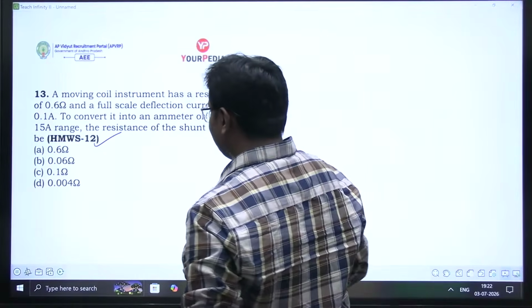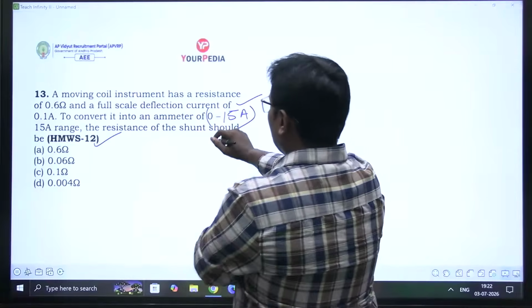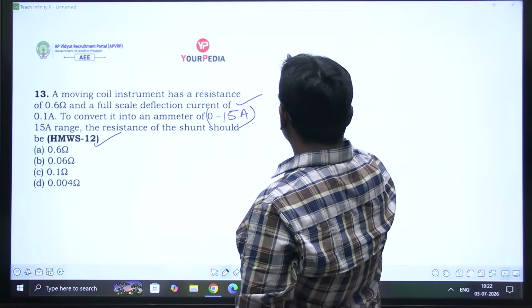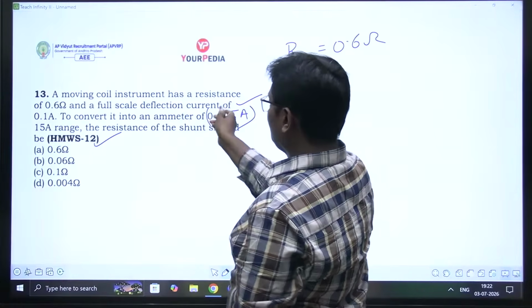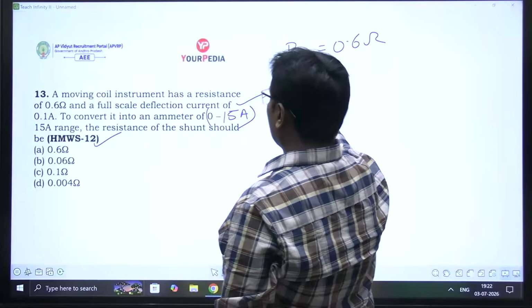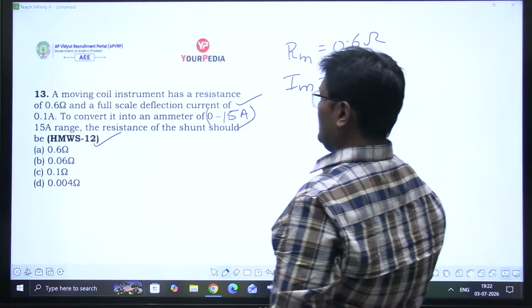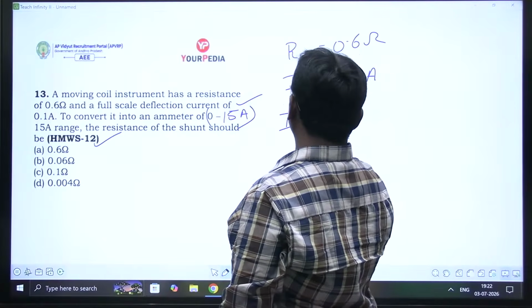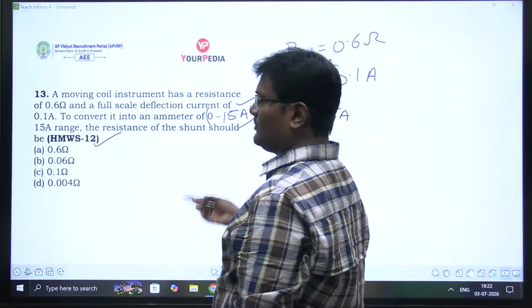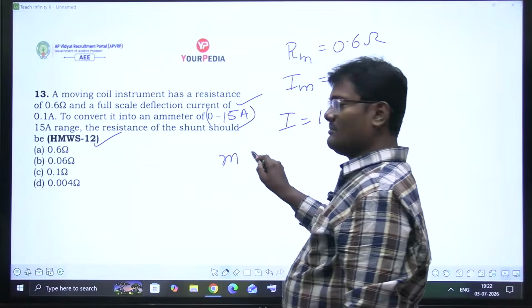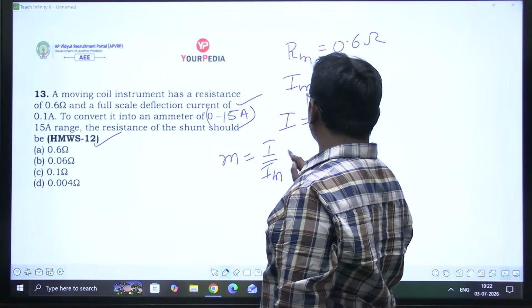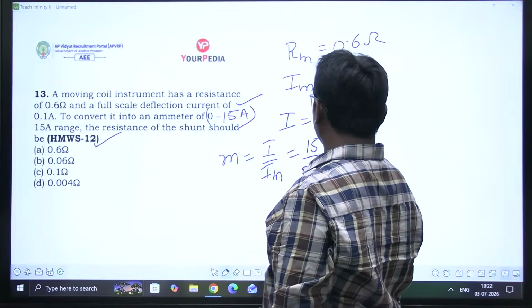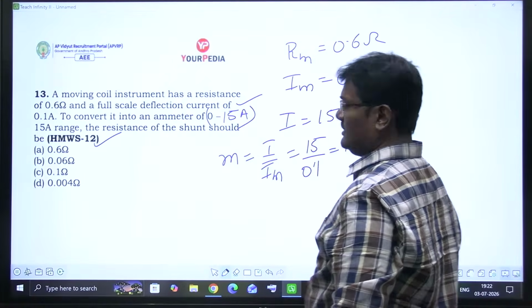So D. The meter resistance Rm is 0.6 ohms, and the full scale deflection meter current Im is 0.1 ampere. For the 0 to 15 amperes range, the current I is 15 amperes. So find the multiplication factor M, where M is equal to I by Im. So 15 by 0.1, that is equal to 150.